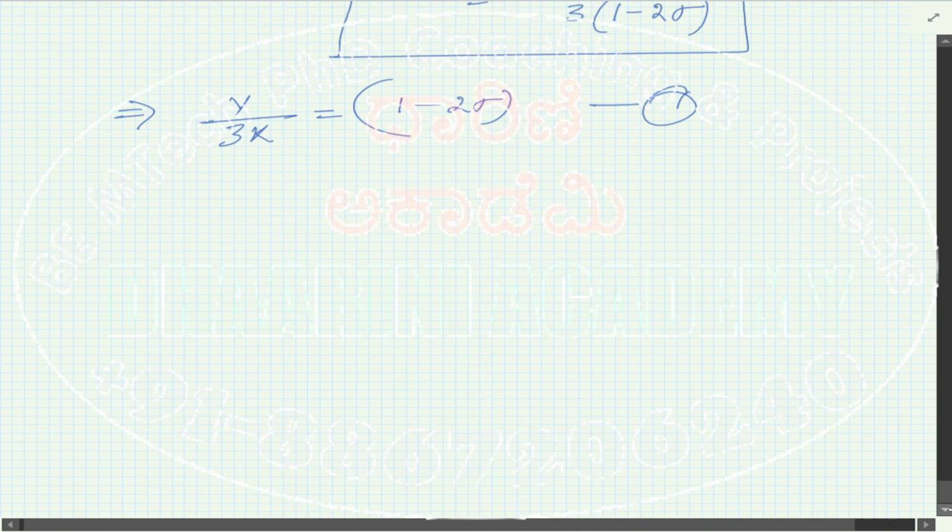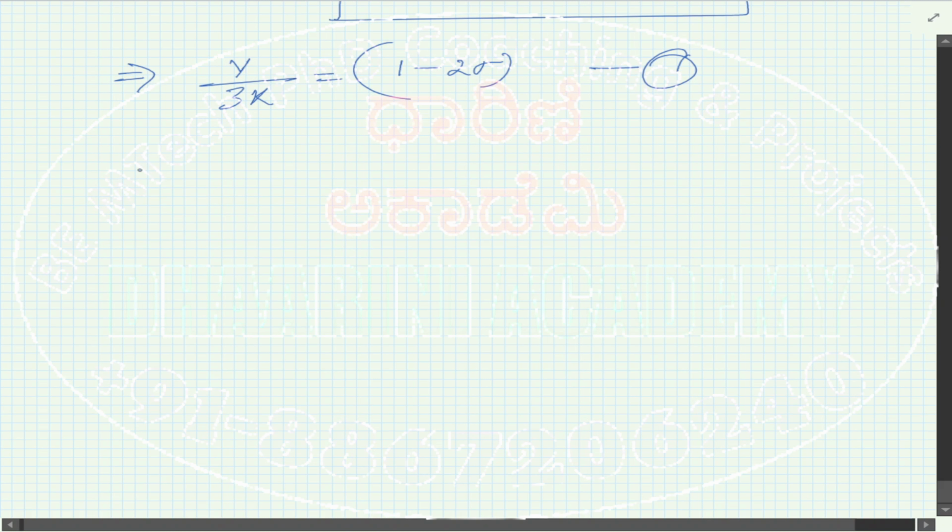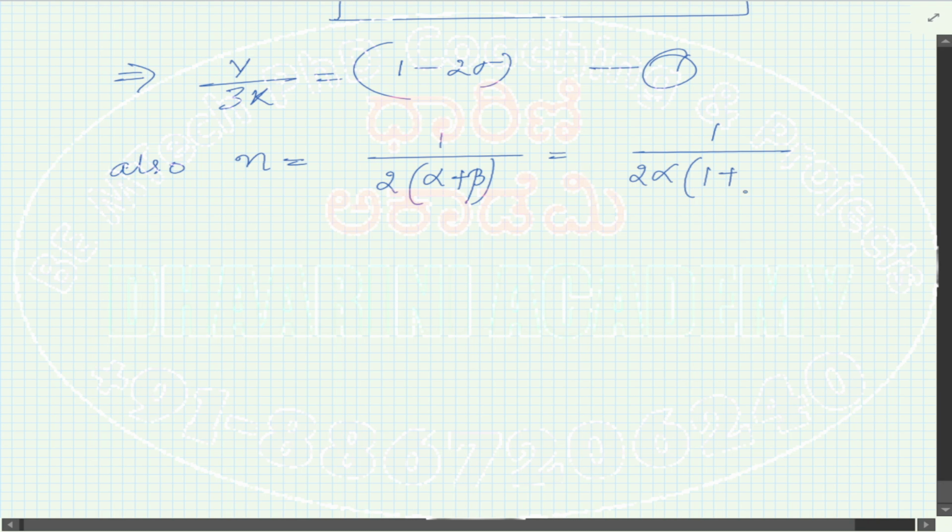Also, we know that there is another equation for what is called n, the rigidity modulus. What is rigidity modulus? 1 divided by 2 times alpha plus beta. So this means 1 divided by, I'll take alpha outside, this is 1 plus beta by alpha, right?